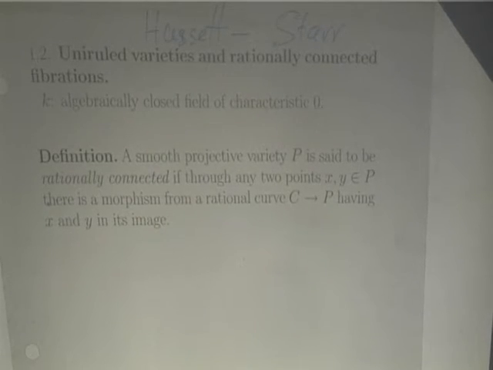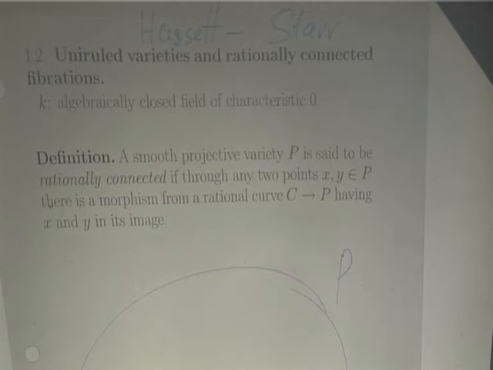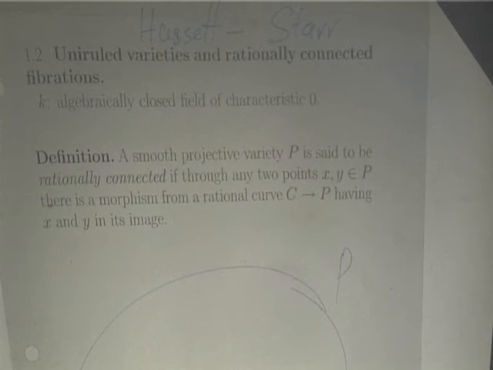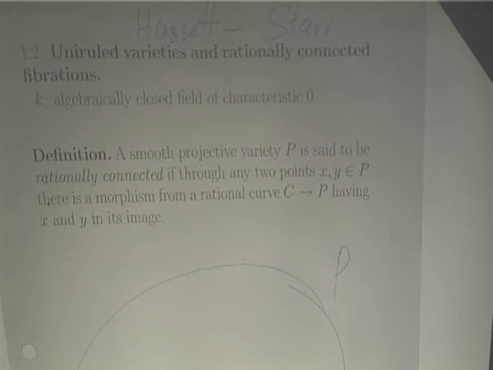We define a smooth projective variety P to be rationally connected if through any 2 points in P I can draw a rational curve.